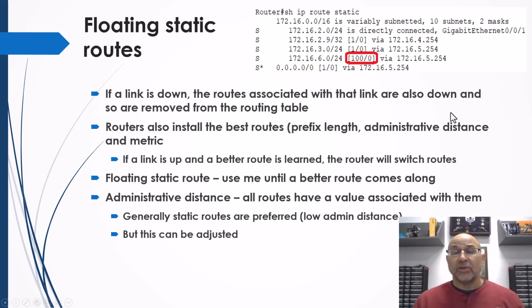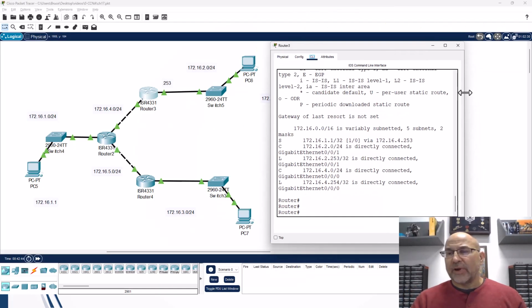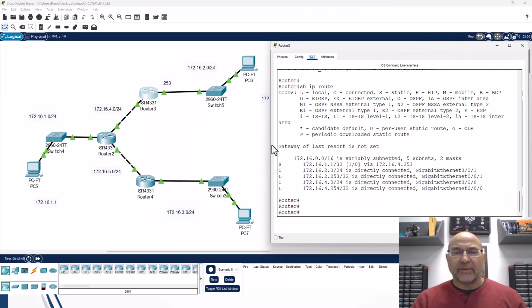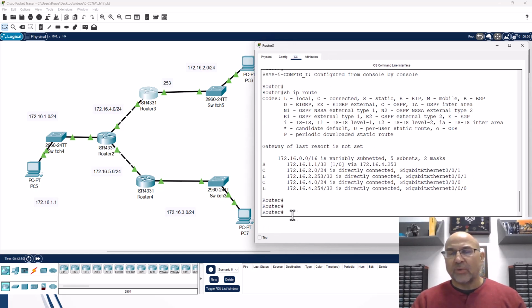I will show you how to do that, and you can tweak this however you want. And what this means is that you use the static route when there's nothing better around. Now I might also do this, if I was doing a loop or something like that, follow this pathway when nothing else is around. We sometimes do that when we've got a higher cost link. But here's the syntax for it.